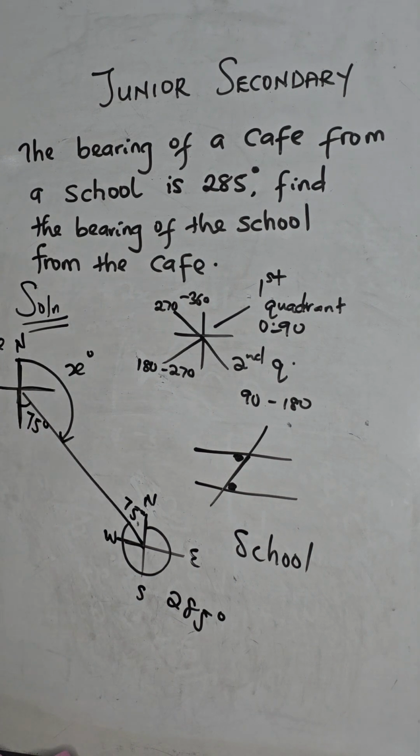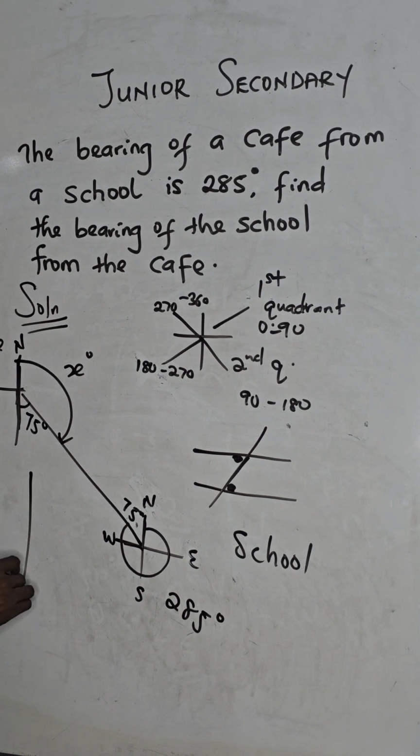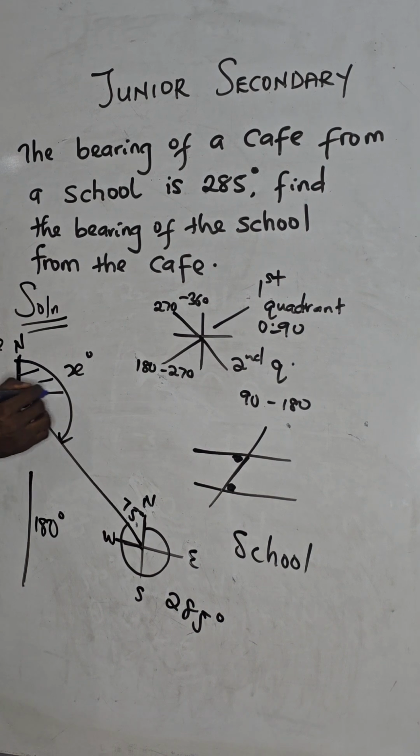To get that, it's very simple. We've already seen angles on a straight line, which is this straight line, to be 180 degrees. So the bearing I'm looking for is this region, from the north of the cafe to where it touches that line, meaning all of this.